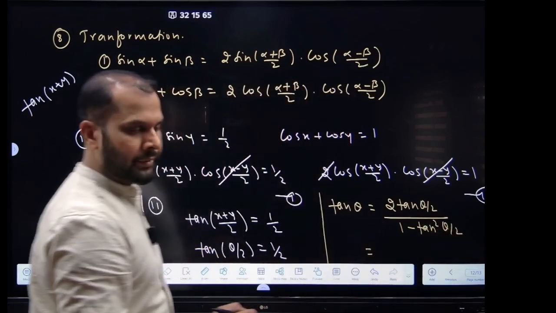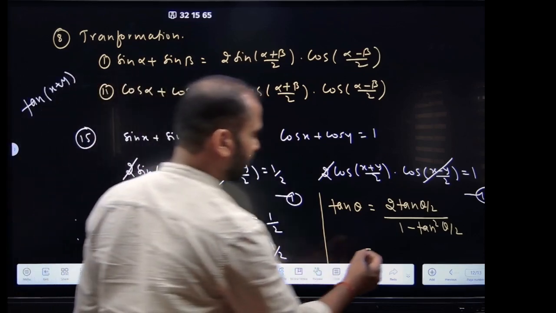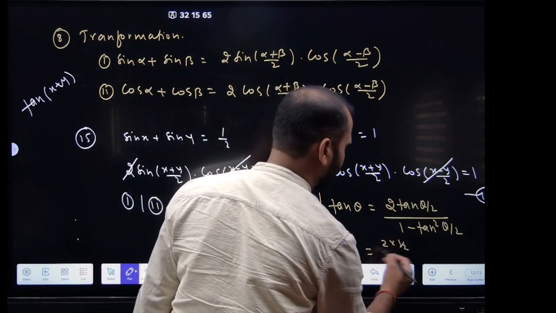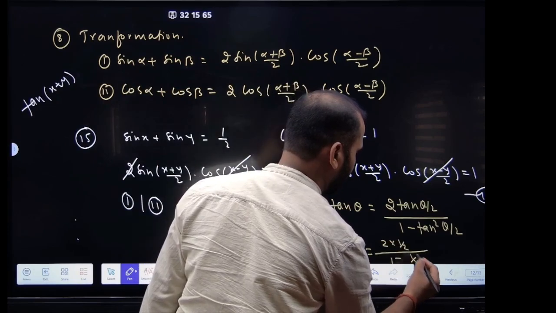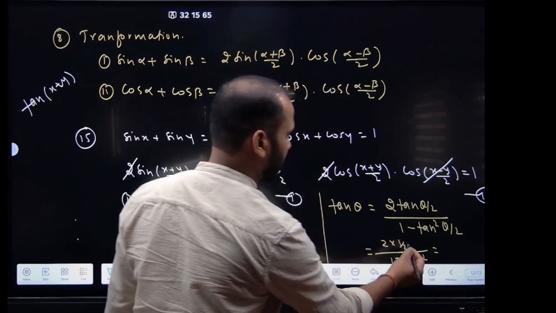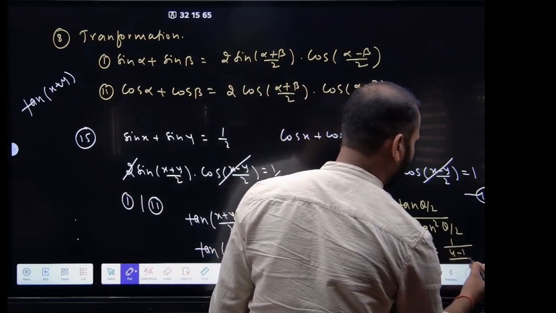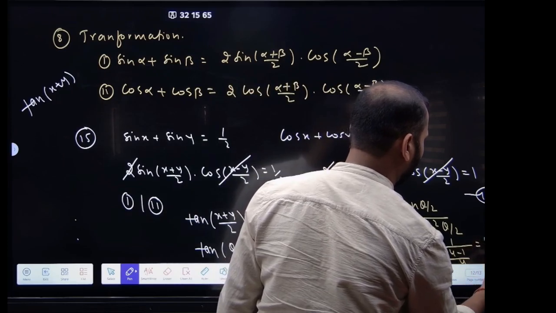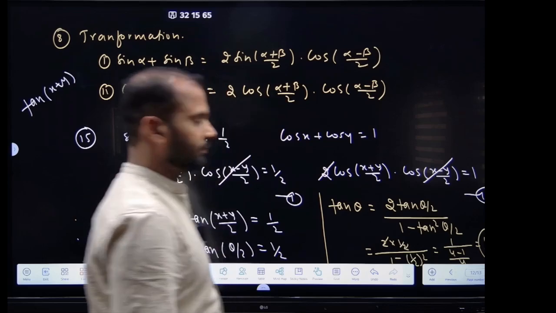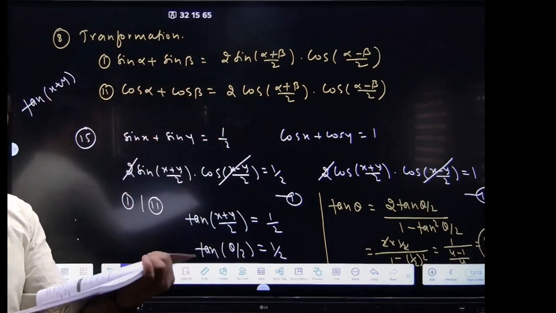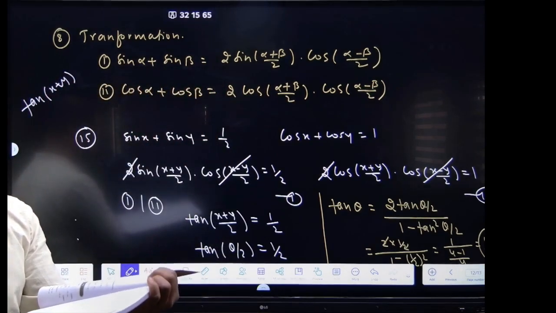Yes or no? The theta by 2 value you have, substitute that: 2 into 1 by 2 divided by 1 minus (1 by 2) the whole square. How much will it be? This 2 gets cancelled. 1 minus 1 by 4, so 1 divided by 3 by 4. So 4 will go up, 3 will be down. Yes or no? Is it 4 by 3?